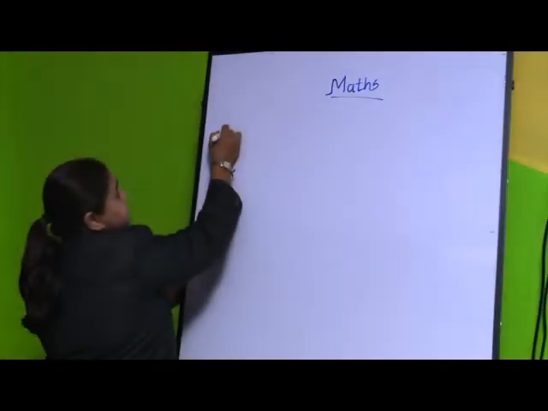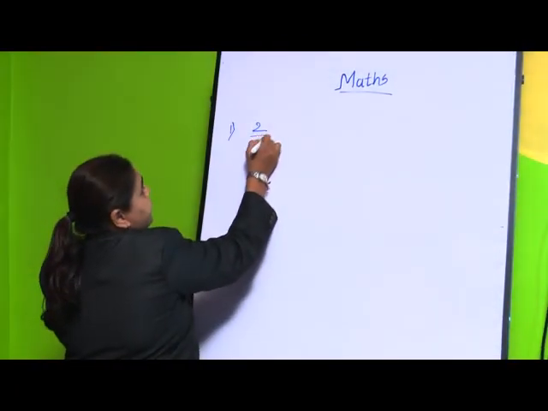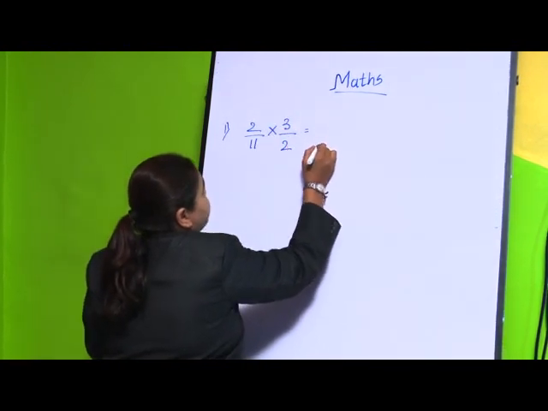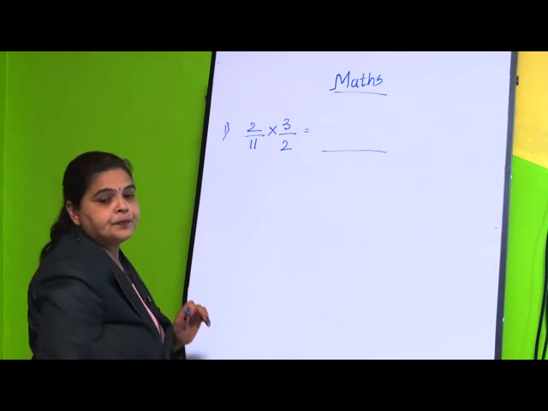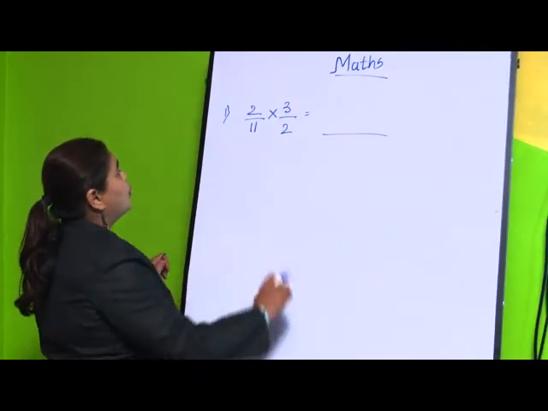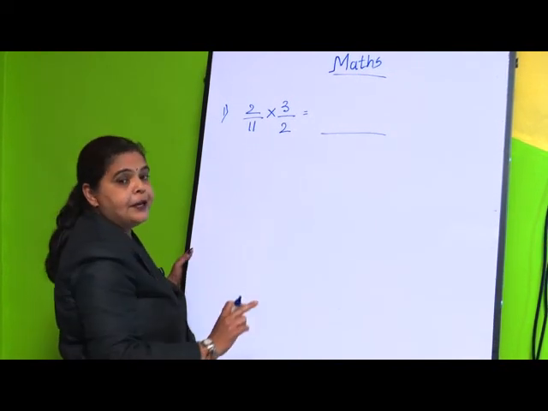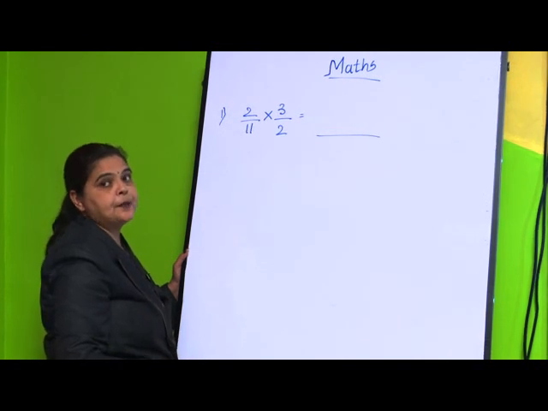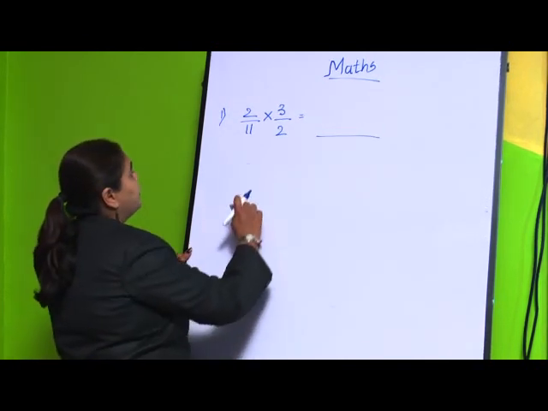First example: 2 upon 11 multiplied by 3 upon 2 is equal to dash. I told you when it is a multiplication, if it is possible to reduce, you can reduce here because it is a multiplication. So we will try to reduce.